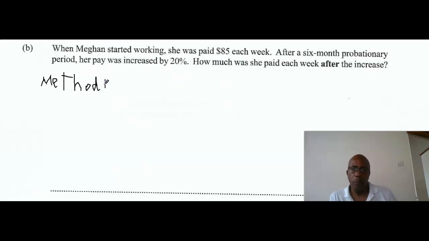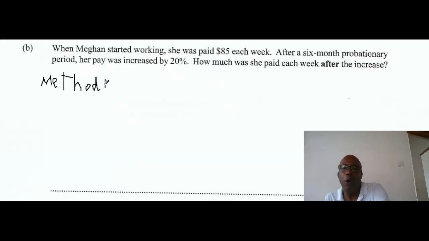In the first method, remember that the pay was increased by 20%. So the first thing we do is to find that increase by finding 20% of 85.